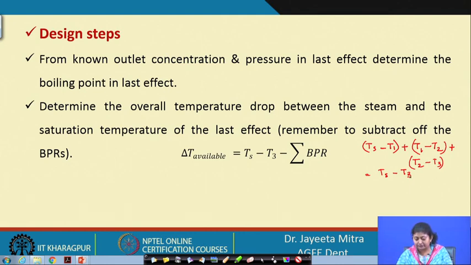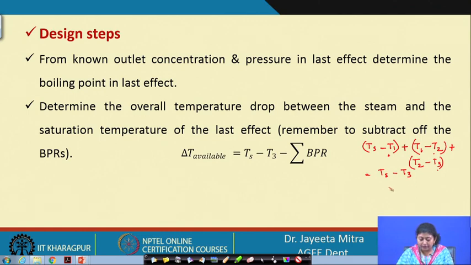Now, if boiling point elevation occurs, then in the first effect, because of the concentration, some boiling point elevation will be there. Similarly, in the third effect as well. So, when T1 comes out, it includes that boiling point elevation, but when it enters the next effect, the effect of the elevation is not there, so we can't consider it there.